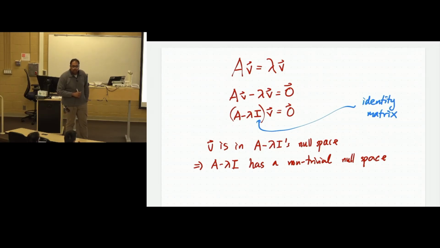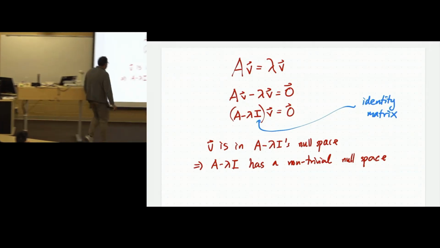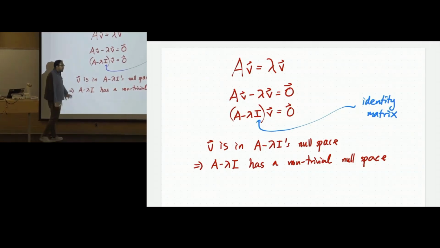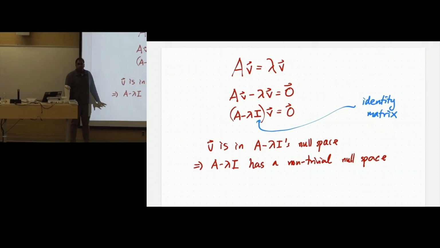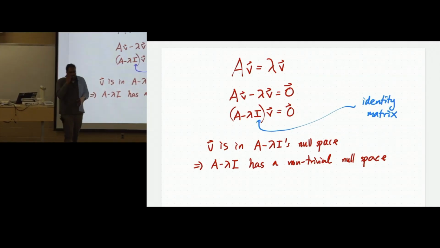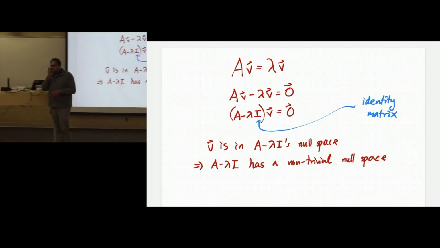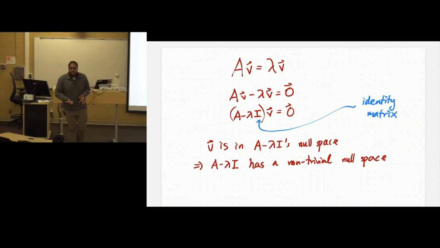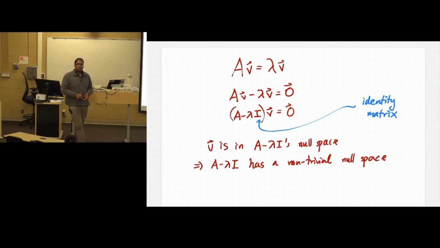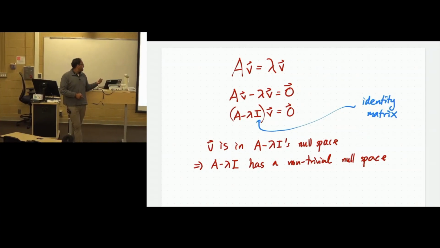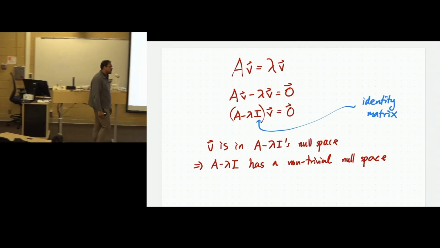Good. I'm trying to figure out some algebraic way to figure out what lambda could be. And one of the many equivalent statements of the fact that a matrix is invertible is that its determinant is not 0. But here, we know that A minus lambda I is not invertible because it has a non-trivial null space, which means its columns aren't linearly independent.